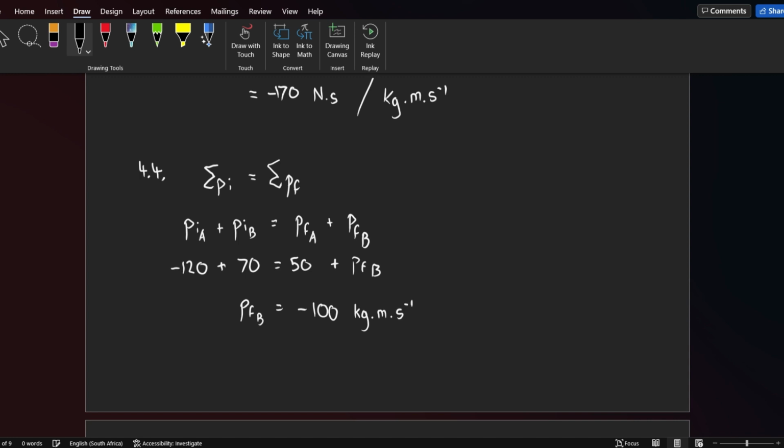Since momentum is a vector, the final momentum is equal to 100 kg meters per second, and we indicate the direction. It was a negative, so that will be west, not east, west.